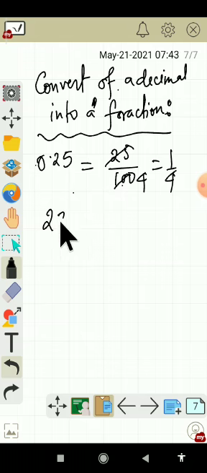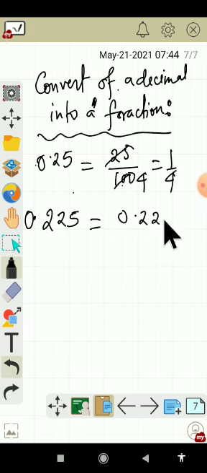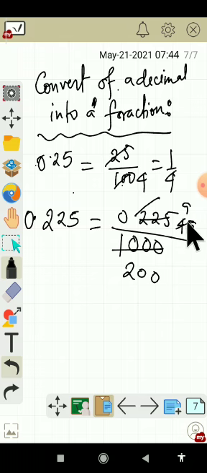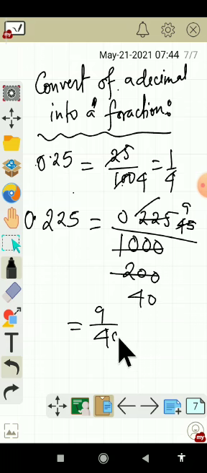If we have 2.25 for example, first we remove the decimal point, and for removing the decimal point we write 1, and for the digits after the decimal point we put that many zeros. Now we cancel: 5 twos are 10, 5 fours are 20, 5 fives are 25, 5 nines are 45. So the answer will be 9 by 40. This is the fraction form.